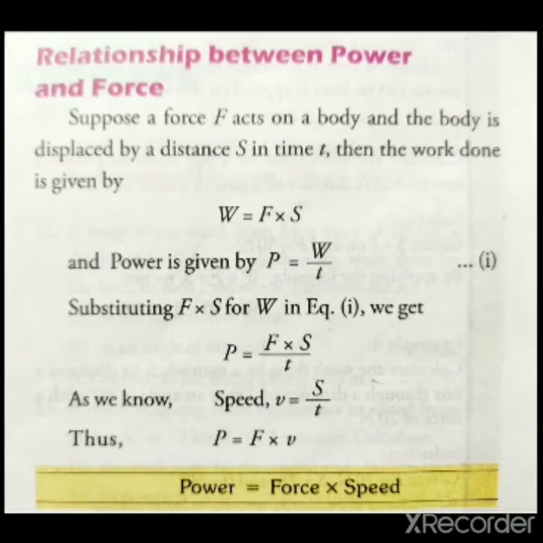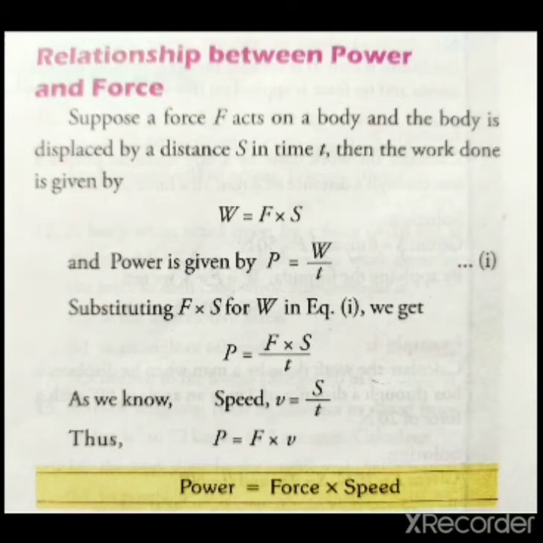Then the relationship between power and force. Here we will see there is a relationship between power and force. Suppose a force F acts on a body and the body is displaced by a distance s in time t.